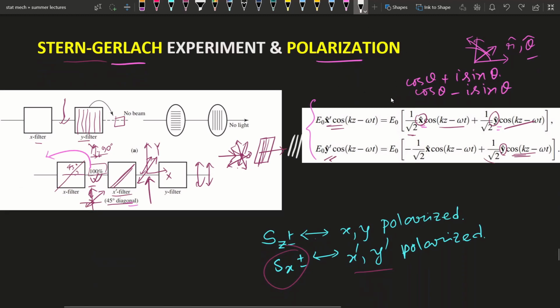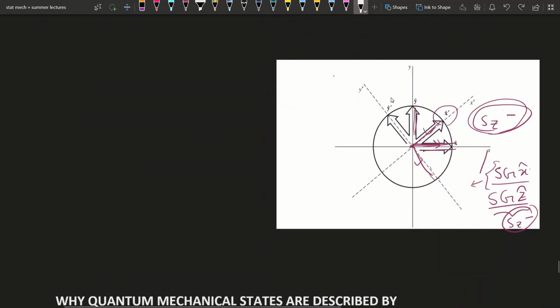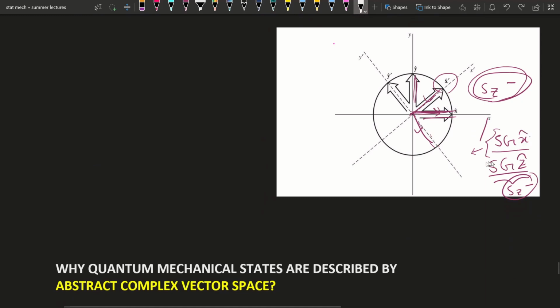polarization vector, right? There I have discussed that the beams coming out of the SG compartments like SGX or SGZ actually behave like the polarization vector, the electric field vector of polarized light.